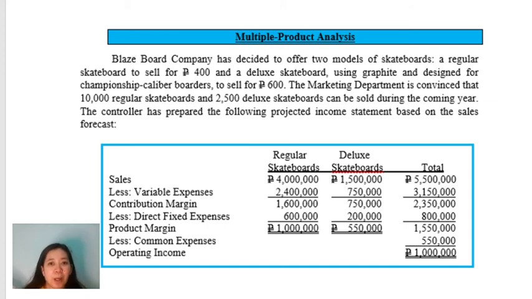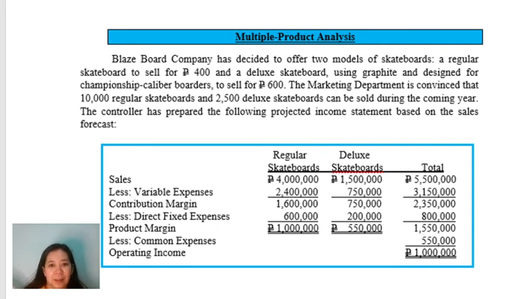The marketing department is convinced that 10,000 regular skateboards and 2,500 deluxe skateboards can be sold during the coming year. So the controller has prepared the following projected income statement based on the sales forecast, based on the number of units per product.